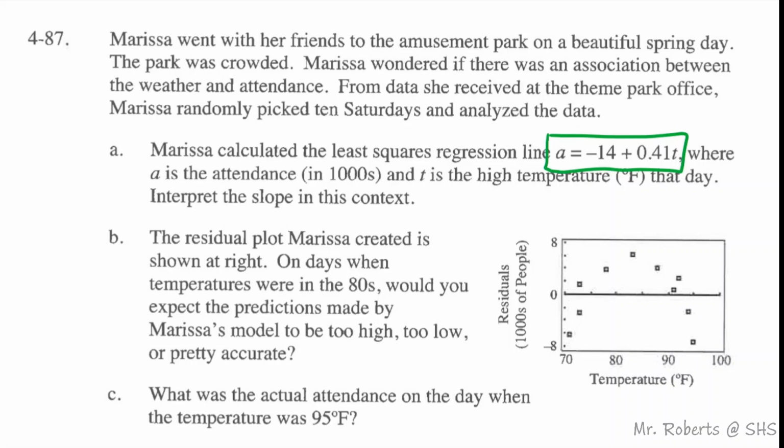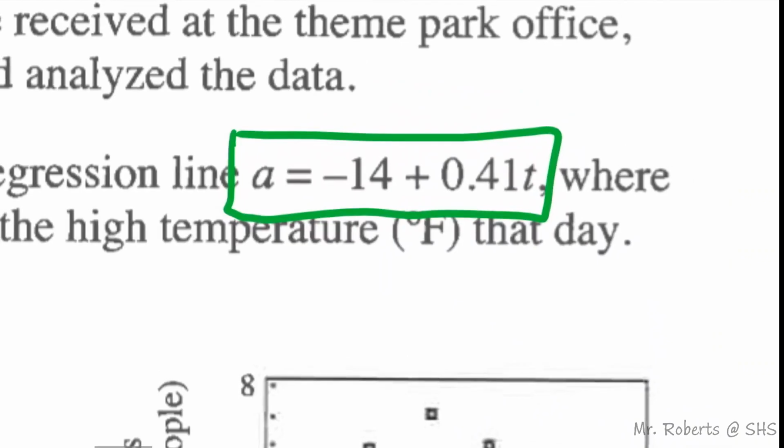Okay. So for this model, what it looks like is that as the temperature increases, more people come to the park. In fact, this is the slope, right? So the slope in this context is 0.41.